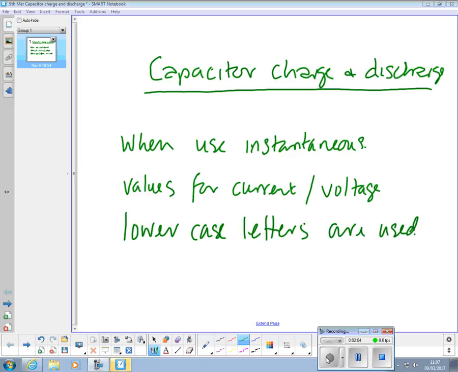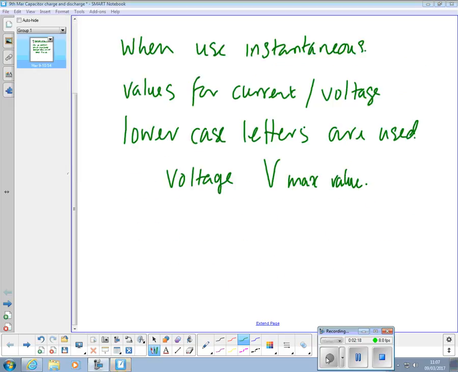And what we do is we say for voltage we use capital V for the maximum value, we use little v at time t for the instantaneous value.